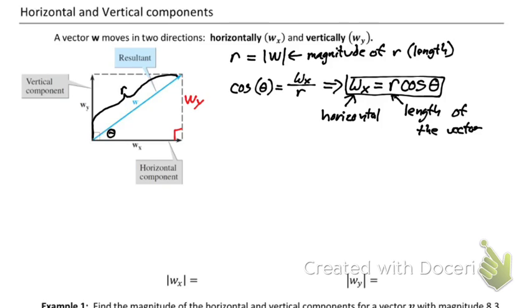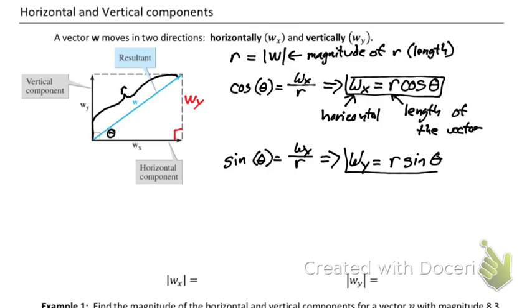And theta is just going to be an angle that's given to us or something we can find. Well, if that's our cosine, if I'm dealing with sine of theta, that's going to equal my vertical, W sub y over r. Well, that means W sub y is going to equal r times sine of theta. But once again, that just deals with right triangles, where W sub y is my vertical component.